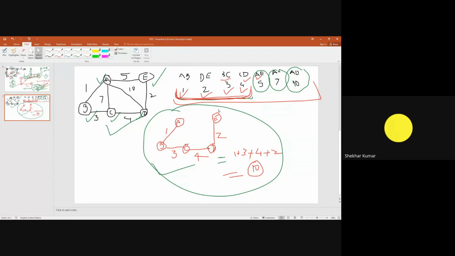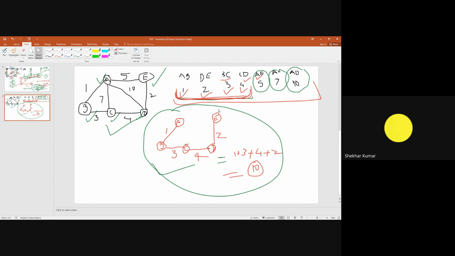Okay, it is clear. In Prim's and Kruskal, we are checking among only two nodes, but in Dijkstra's, we are finding the shortest path from a source vertex to all the other vertices of the graph. That is single source shortest path.